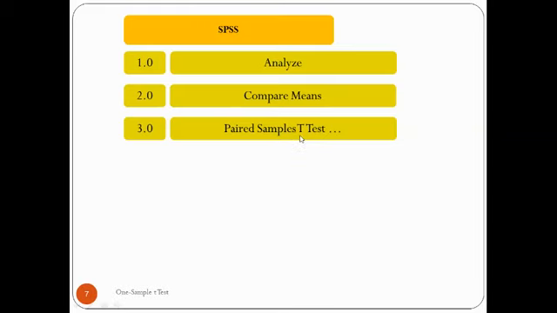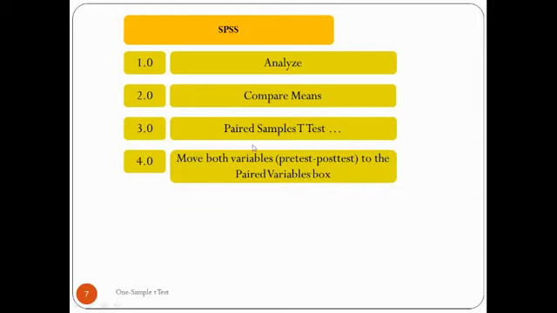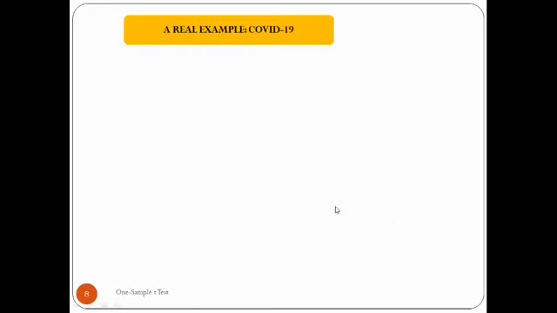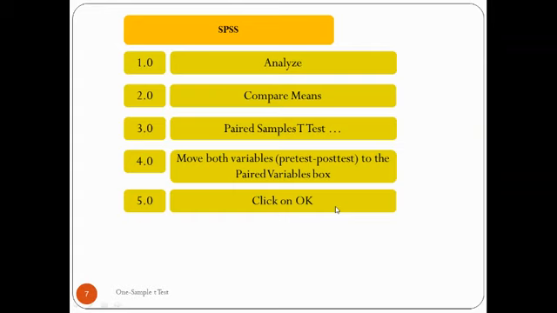Please remember, samples with S, paired samples with S. And step number 4, we move both variables, namely the pre-test and post-test scores, to the paired variables box, and then we are going to click on OK. So just a few steps in order to get to the statistical results.